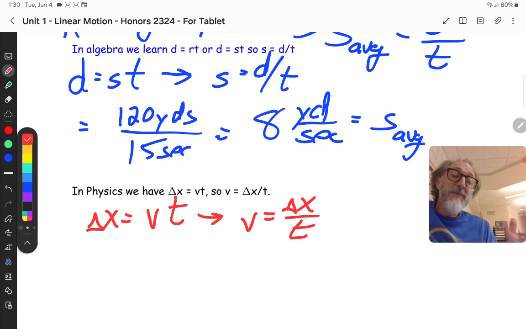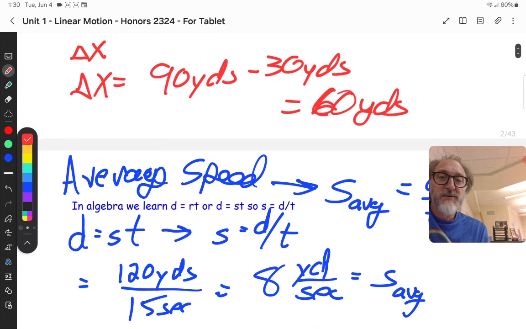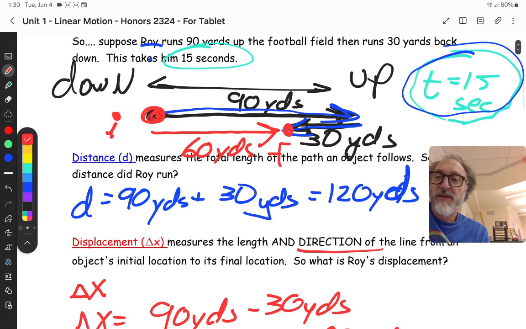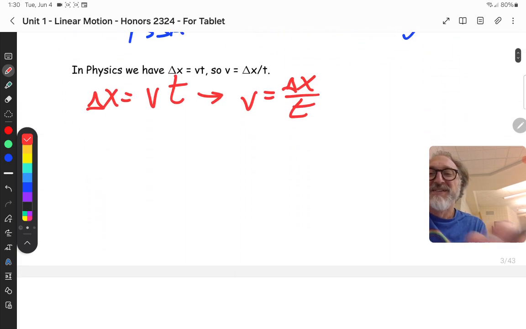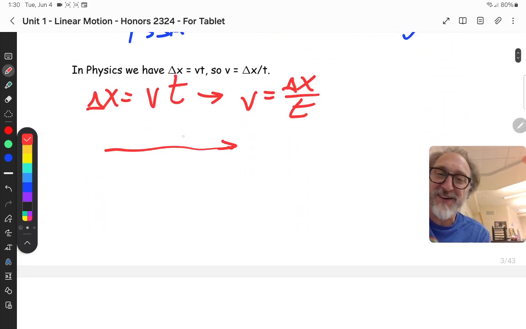So keep in mind here, for velocity, think about what happened. So our dude ran, what did he do? He ran, sorry, my drawing's getting a little bit cluttered here, isn't it? So he ran 90 yards this way, right? And then he turned around and came 30 yards back. You know, let's just redraw it. So what did he do? He ran 90 yards this way and then came back 30 yards.